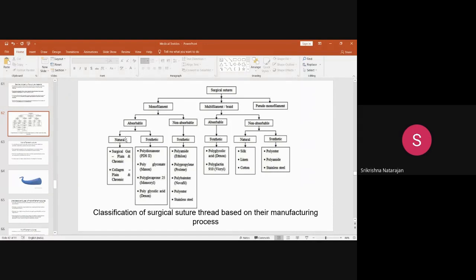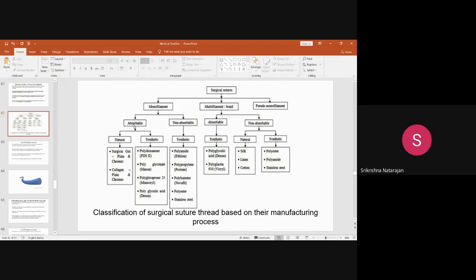If you classify surgical sutures based on the number of filaments, you can classify them as monofilament or multifilament or braid or pseudo monofilament. This monofilament is further classified into absorbable suture or non-absorbable suture.